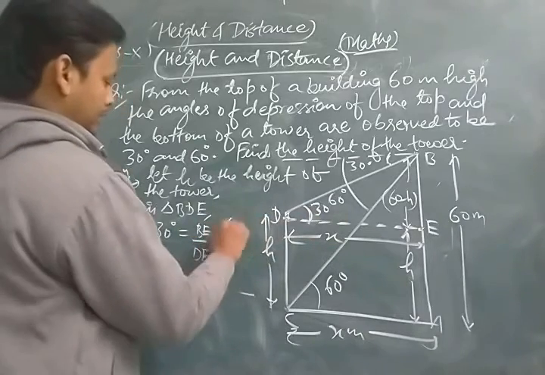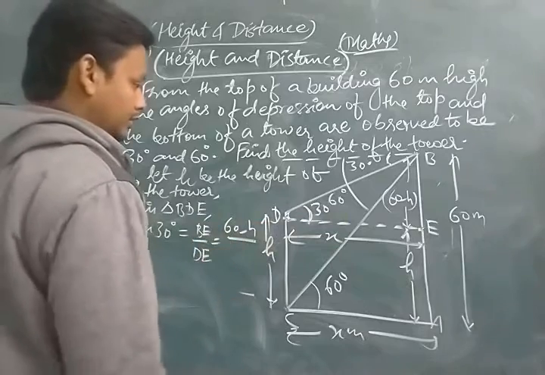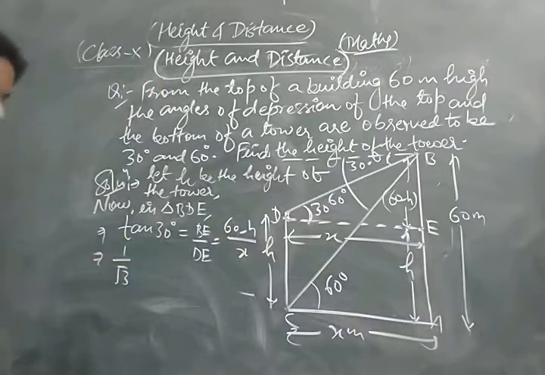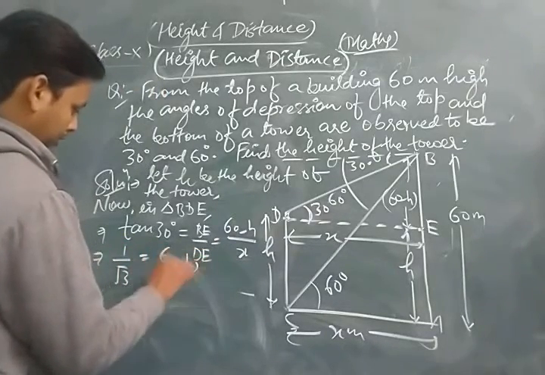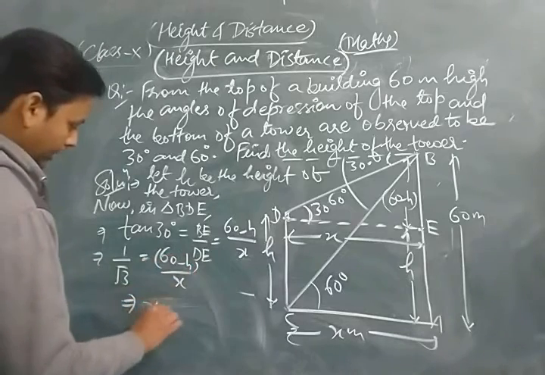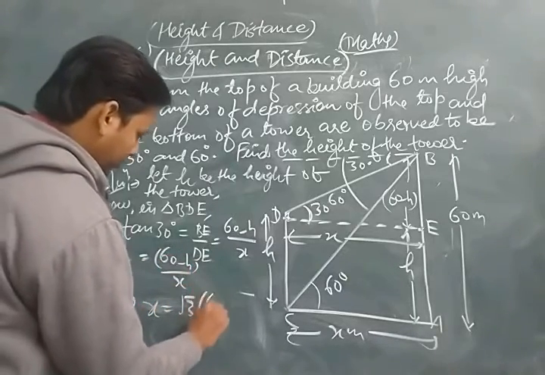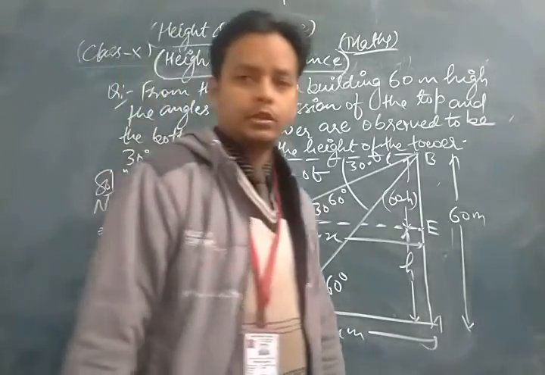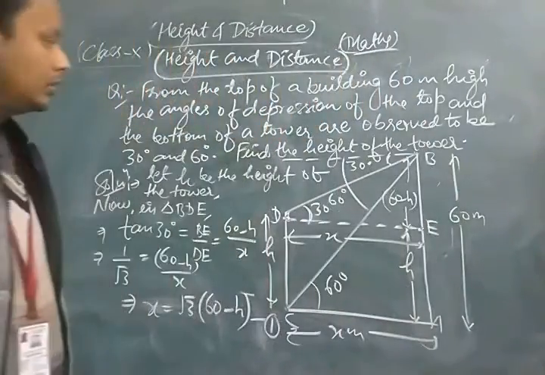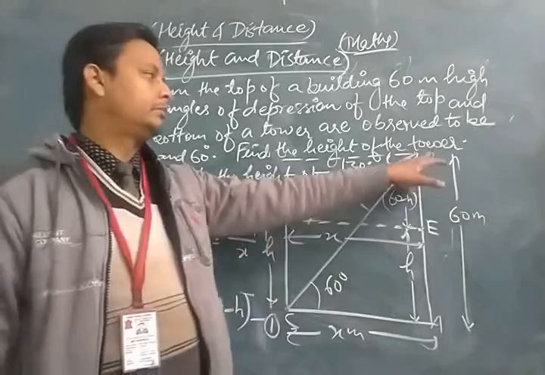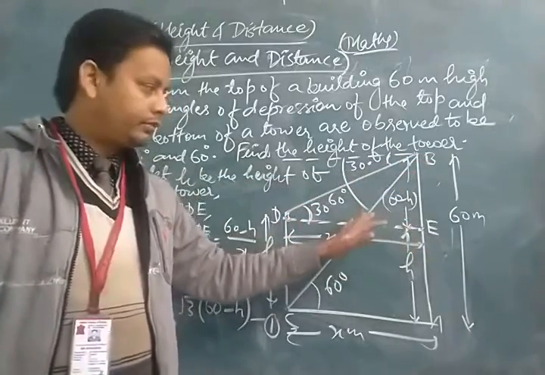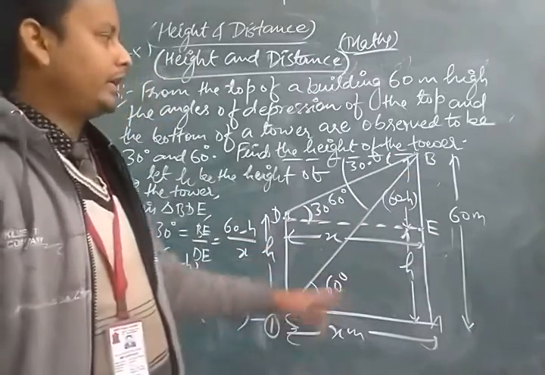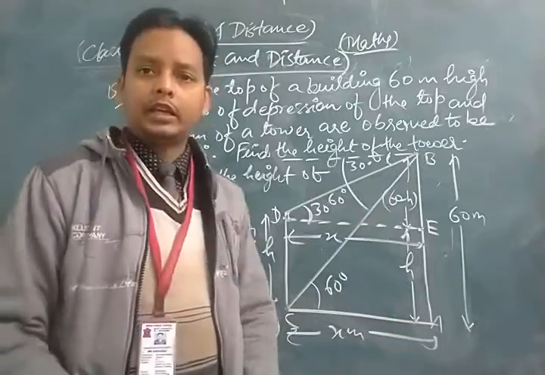BE is equal to 60 minus H, and DE is X. Now the value of tan 30 is 1 upon root 3, which is equal to 60 minus H upon X. Now we do cross multiplication, so X is equal to root 3 into (60 minus H). Take this as equation number 1. Okay, dear students, first of all we took triangle BDE and from there found the value of X in terms of H. Similarly, now we take triangle BCA.